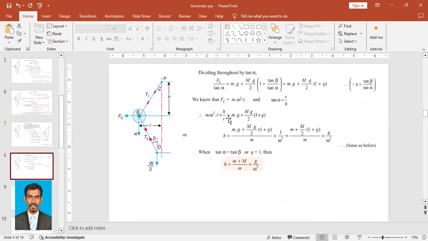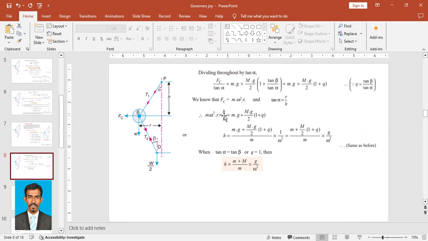So that is r upon h. Now we are going to replace this Fc and tan alpha. Fc can be replaced as mr omega squared into 1 upon tan alpha.